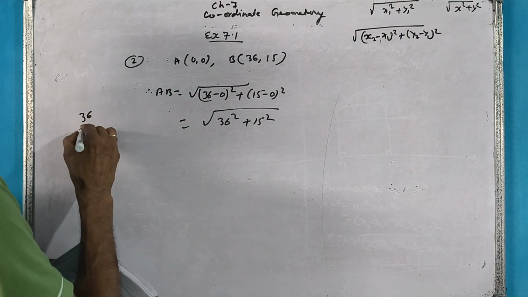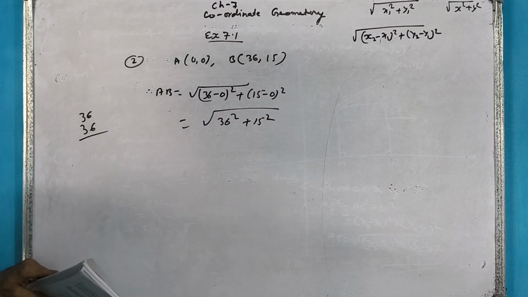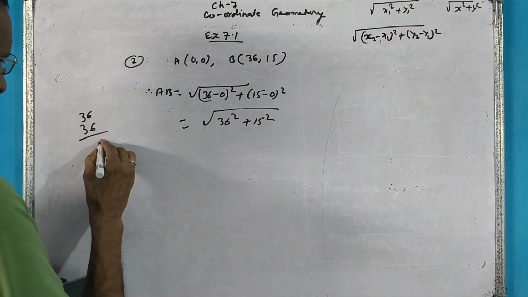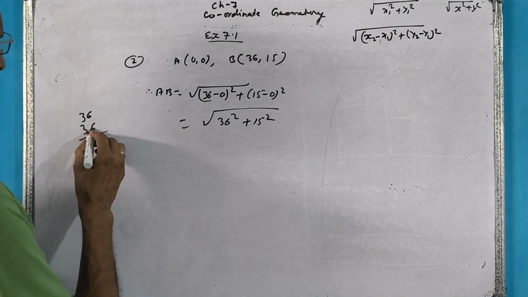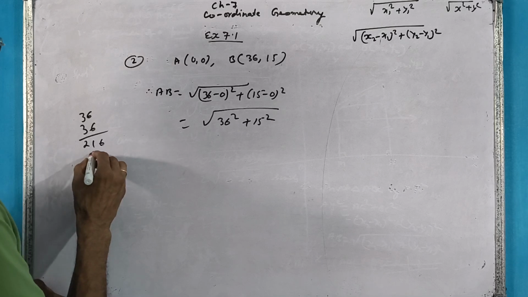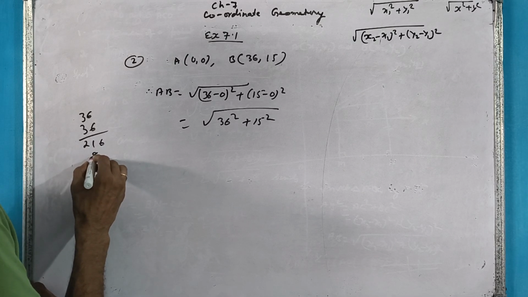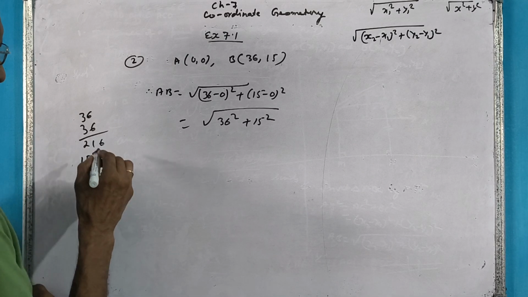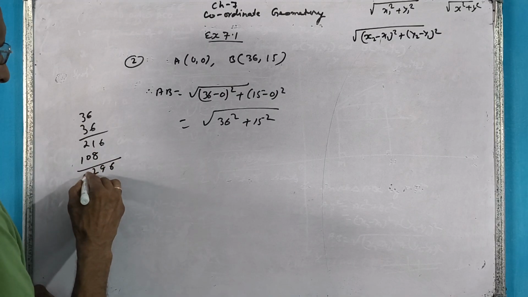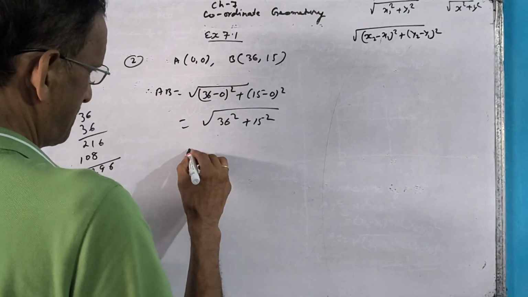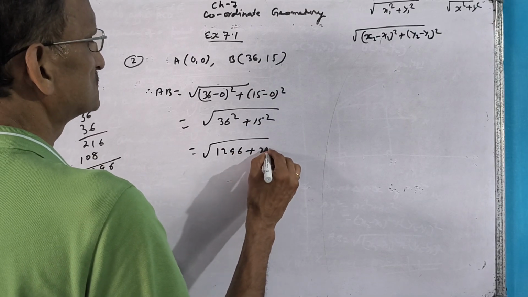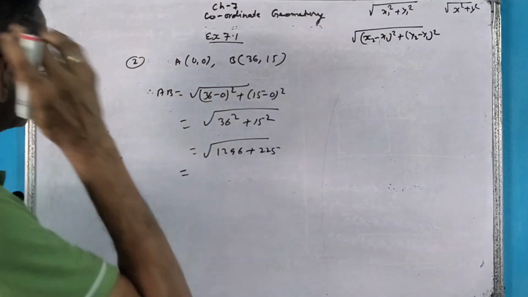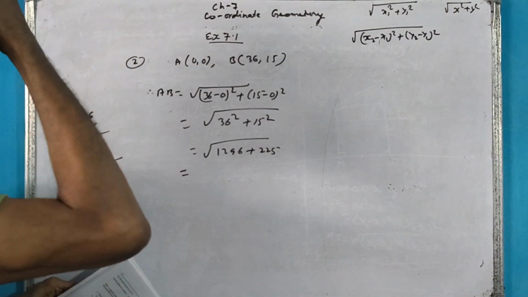36 square, you need to multiply. 216. This is 108. 1296 plus 225. Then add up.